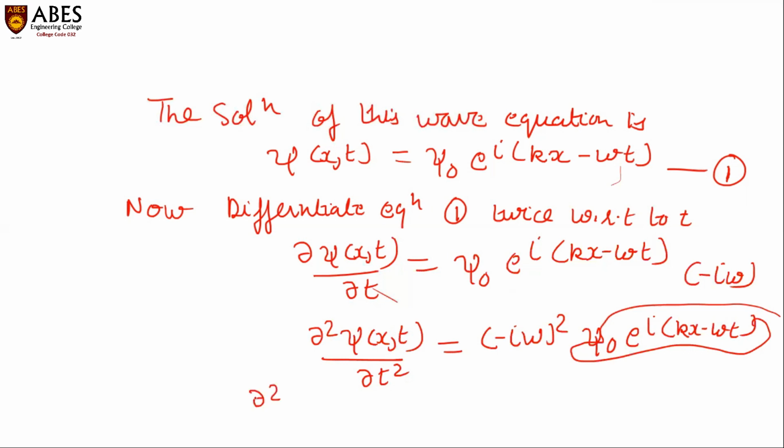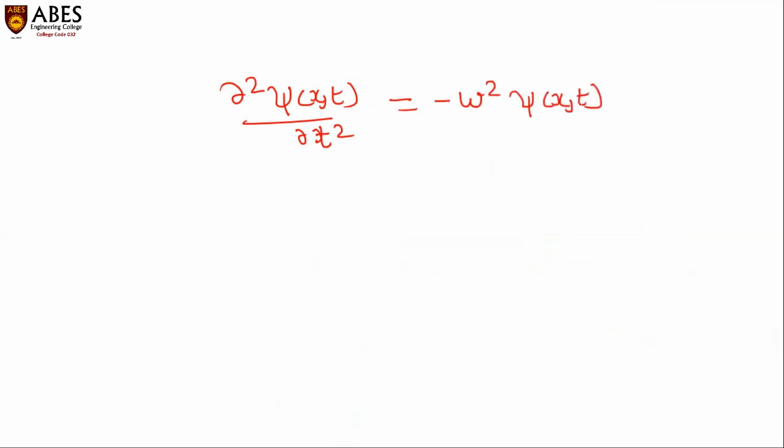So del square psi(x,t) over del t square is equal to minus i square omega square psi(x,t), that is, del square psi(x,t) over del t square is equal to minus omega square psi(x,t).